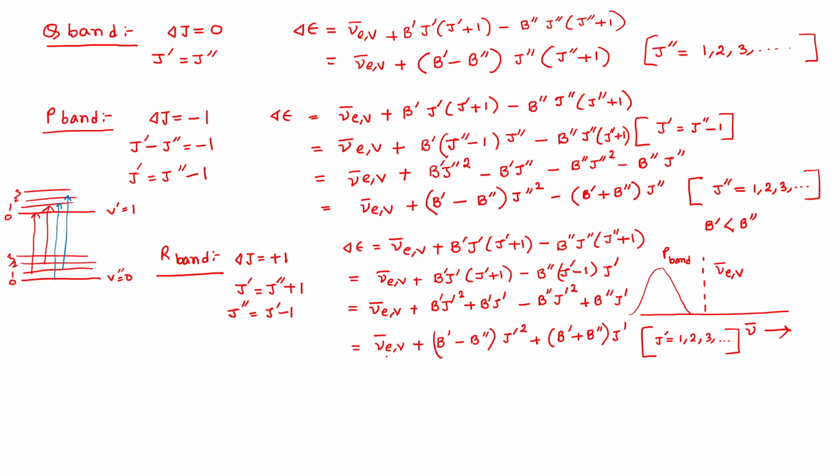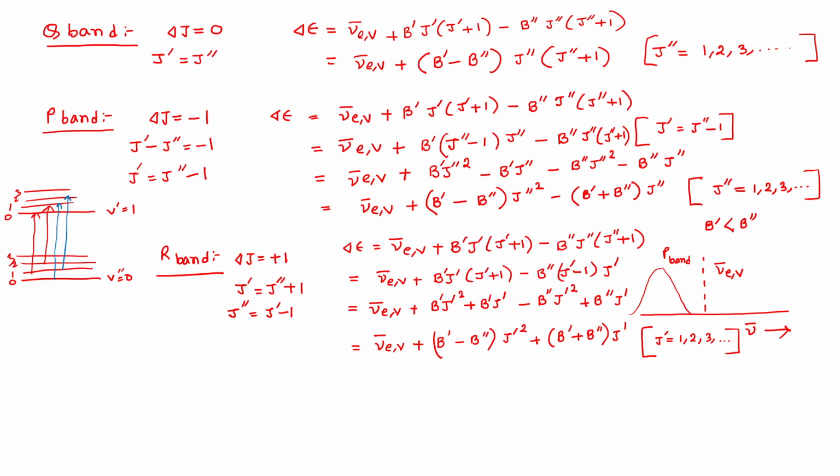So you can't say where this is going to be. It will look like a parabola, right? These are all parabolas. This is also a parabola. But here you are going to get only one side of the parabola. Here your R band could be in this side of the band as well.